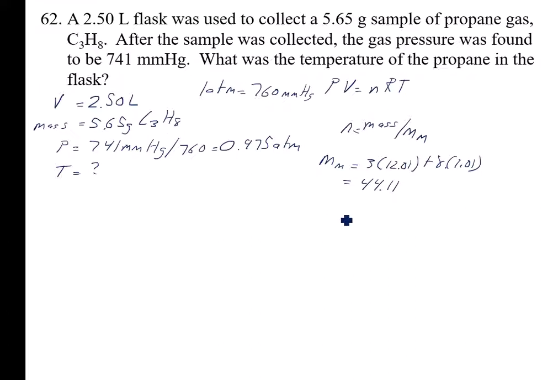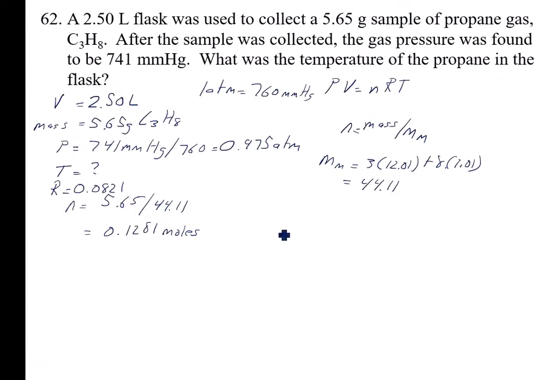So N is 5.65 divided by 44.11, to give me 0.1281 moles. R is the constant, 0.0821, and temperature has to be in Kelvin, but I'm solving for temperature, so that's all I have to do.